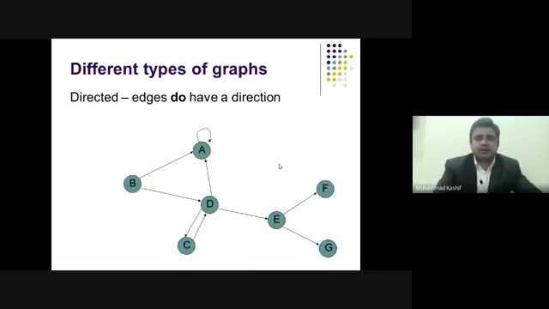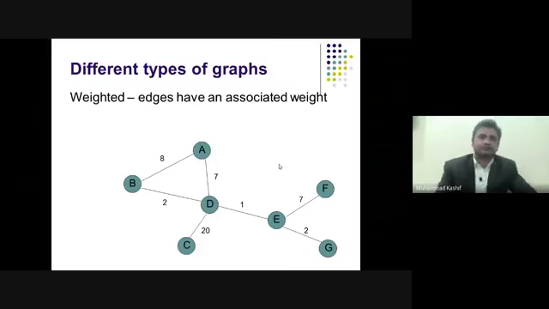So this is a directed graph, and you can see each edge has a direction, pointing from the source node to the destination node, whether we are moving from D to E, or E to F, E to G, and D to C. Each node has communication via directed edges.